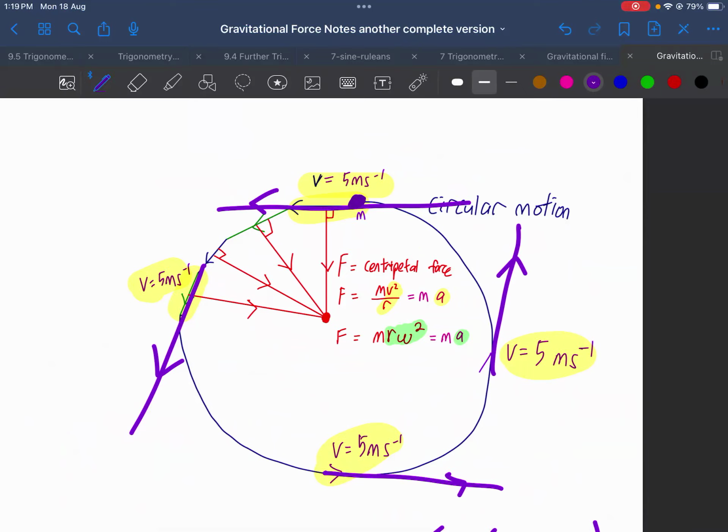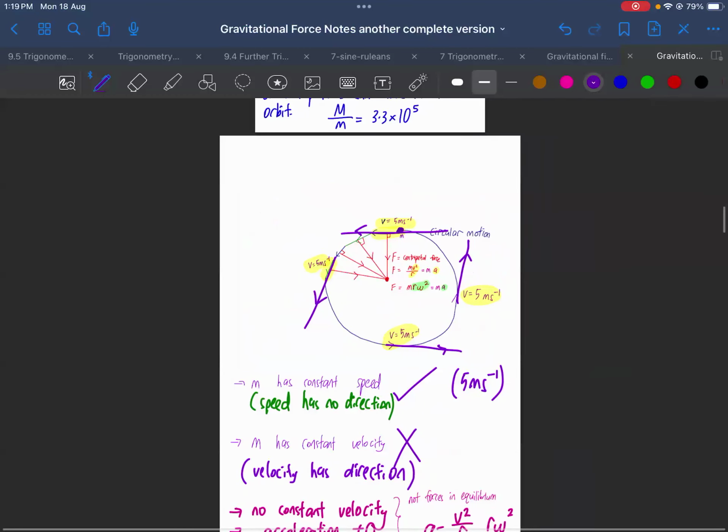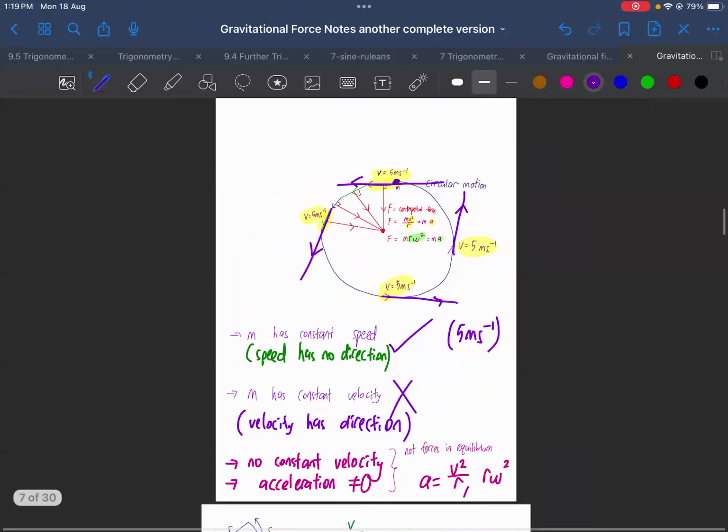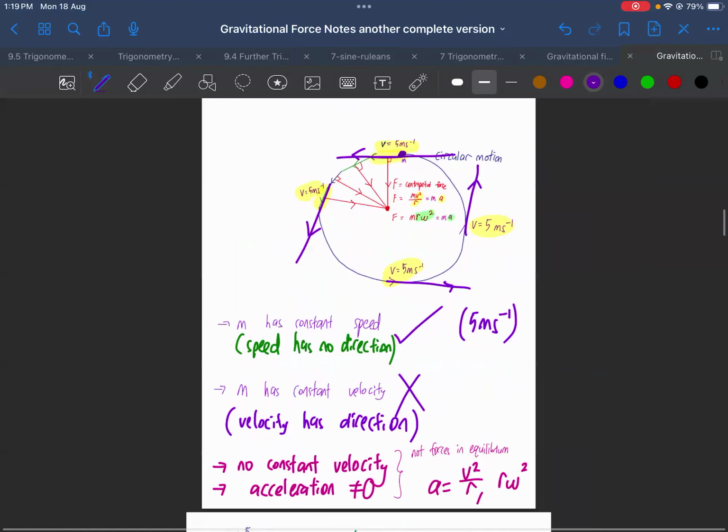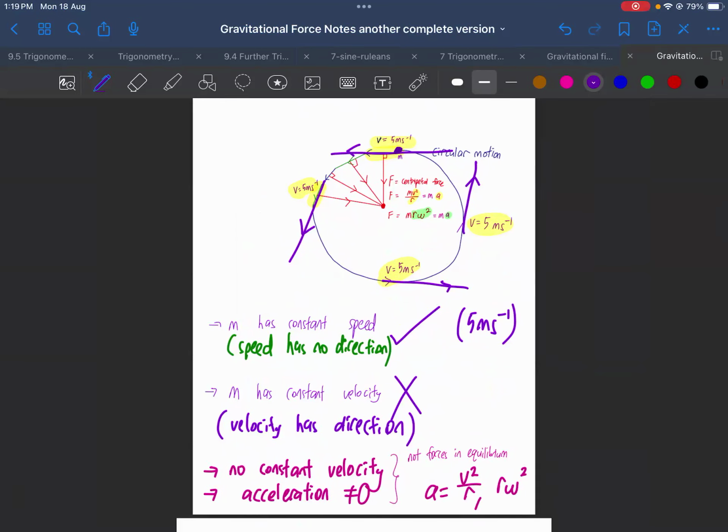Because it changes direction. All right. So since your mass does not have a constant velocity, that's why you need to have an acceleration here, and that's why you need a net force here. And the net force is known as centripetal force, which is towards the center of the circle. All right.